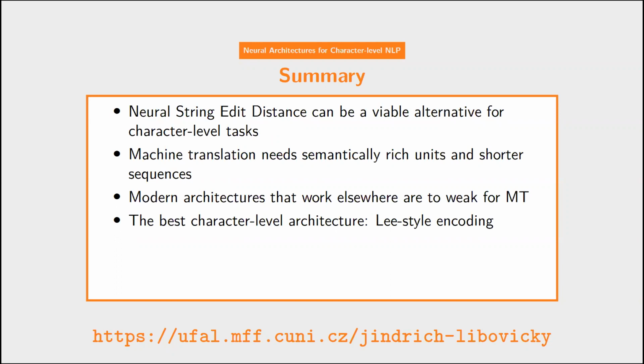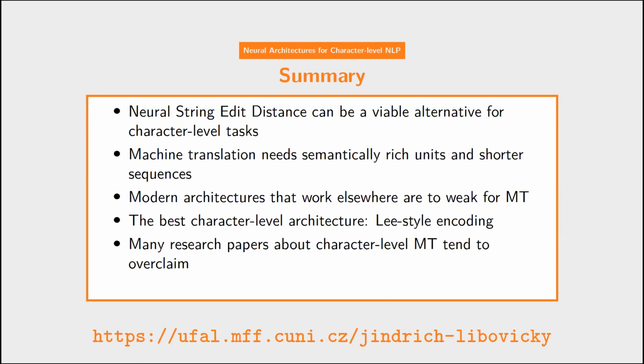The best character level architecture for machine translation is the good old LSTM style encoding. Many research papers about character level MT tend to overclaim, and the only clear advantage of character level models is noise robustness. So that's it.